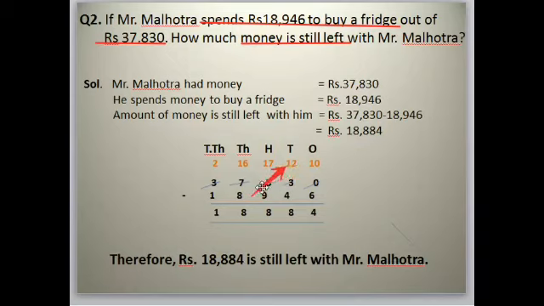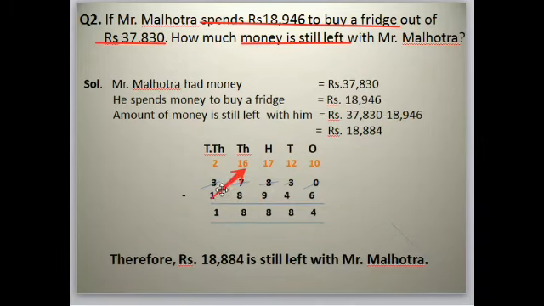Now we subtract 4 from 12. 12 minus 4 is 8. Now we subtract 9 from 7, but it is not possible. So we take 1 from the 10,000 place, so the thousands place becomes 17. 17 minus 9 is 8.